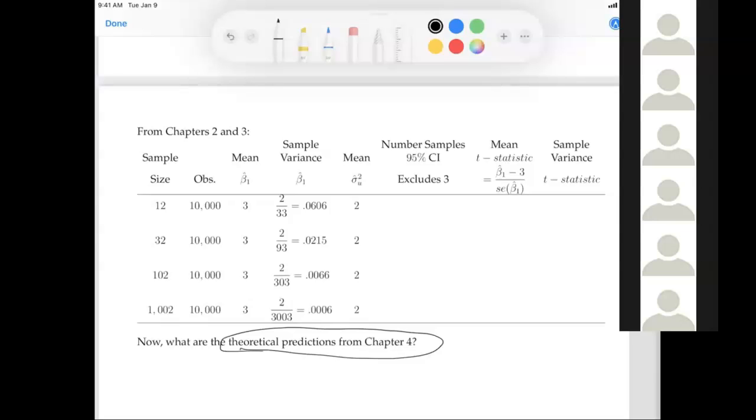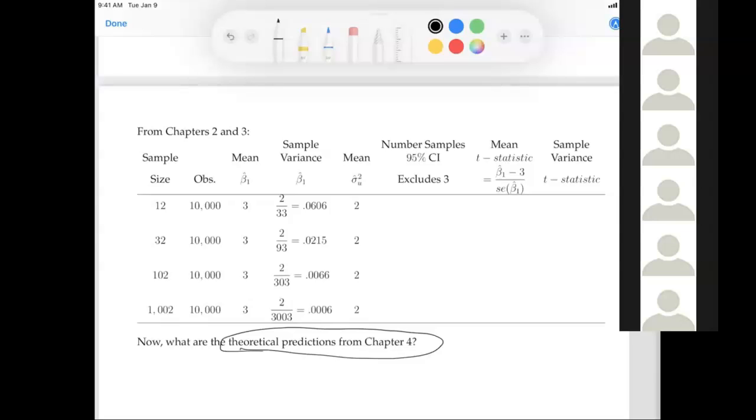I'm plugging in. Priyanka, have you got something for us on what the predictions of chapter 4 are? What was the central assumption that we added in chapter 4? MLR5? No. MLR5 was back in chapter 2 and chapter 3.